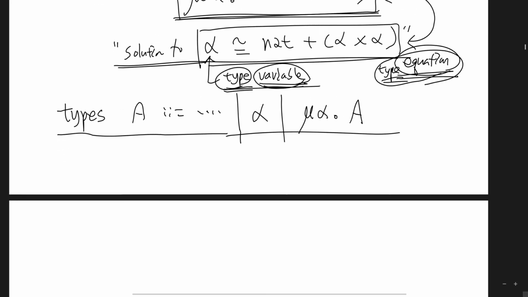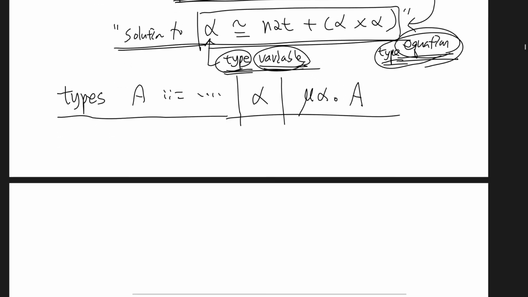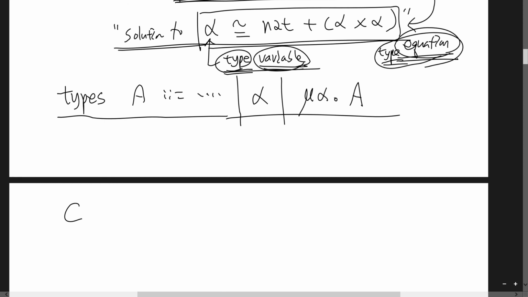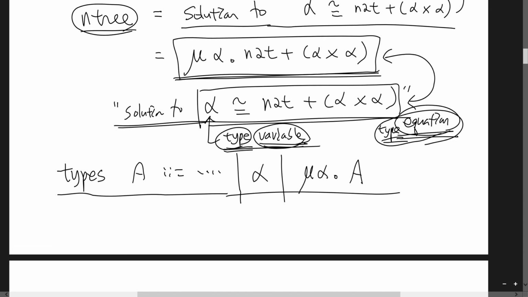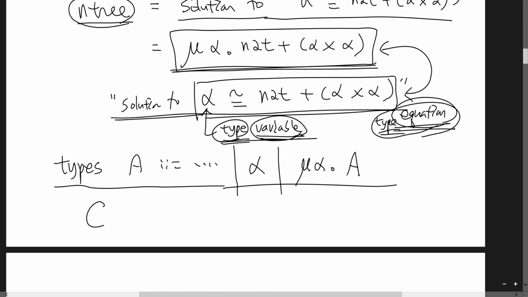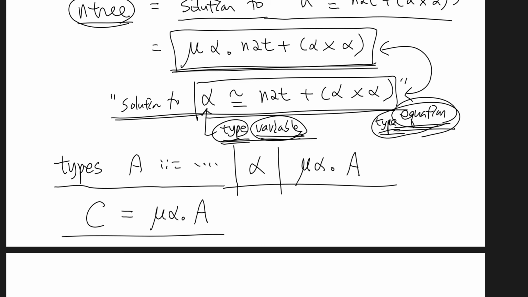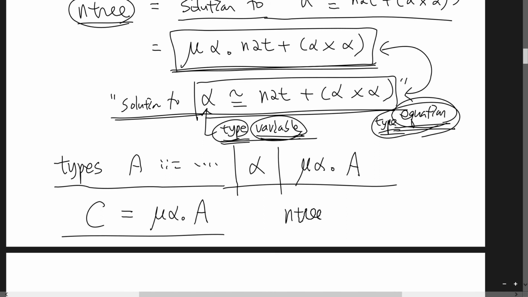Now, what happens when you declare a recursive type C defined as mu alpha dot A? At first, this notation looks quite confusing, but we have seen a perfect example already. For example, natural number 3 is mu alpha dot net plus alpha times alpha.